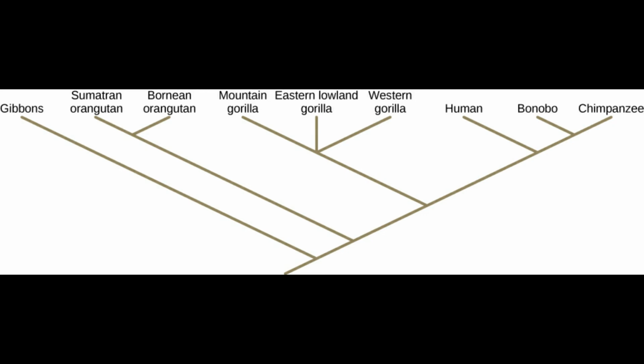Many phylogenetic trees have a single branch point at the base, representing a common ancestor of all branches in the tree. Scientists call such trees rooted, which means there is a single ancestral taxon at the base of the phylogenetic tree from which all organisms represented in the diagram descend.